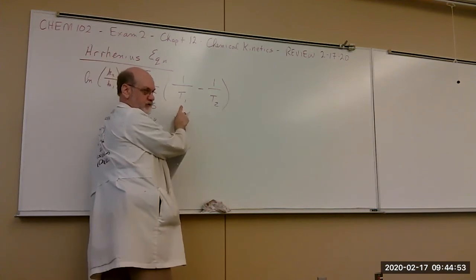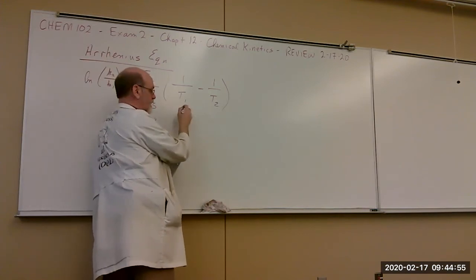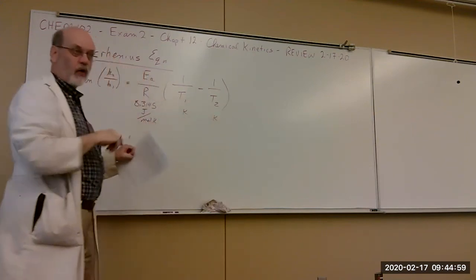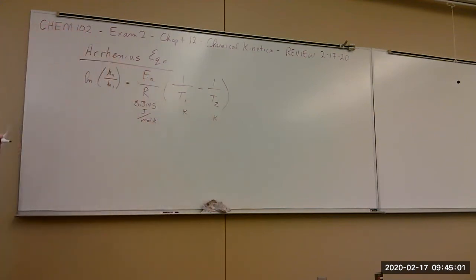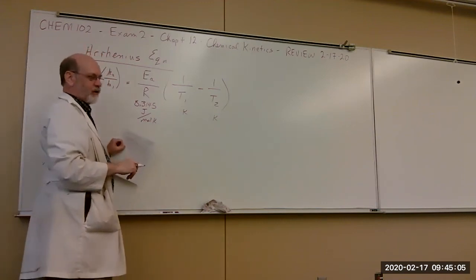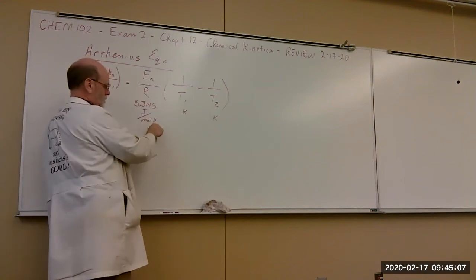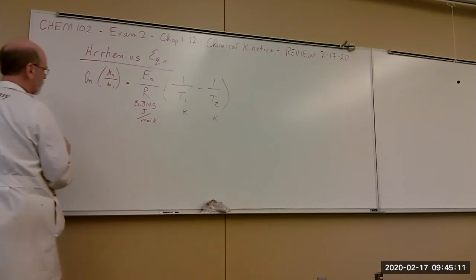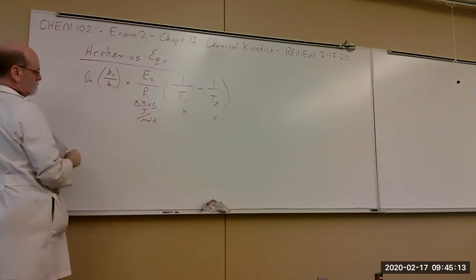What are the units? Kelvin. They're going to be Kelvin temperatures, always. How do we know that? Well, memorize it, of course, or look at your constant. Temperatures in K.